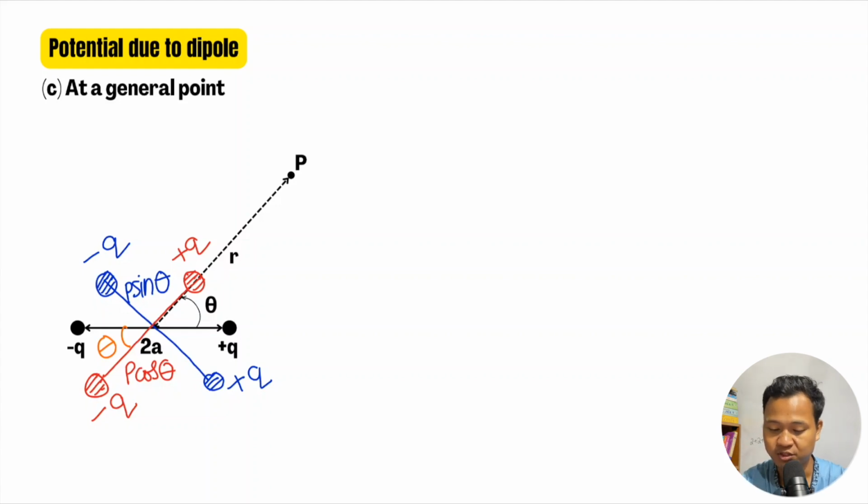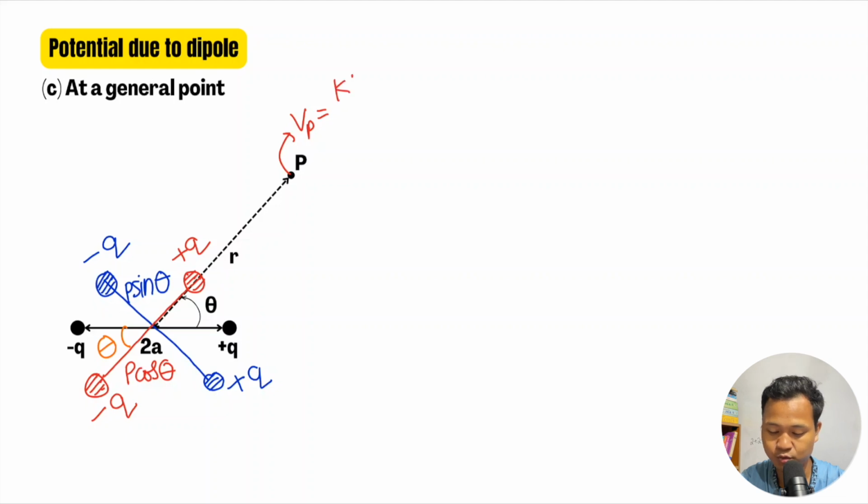As I said, due to the sine theta component, point P is an equatorial point. That means the potential will be 0. So V due to the sine theta component is 0, and due to the cos component, at P, it will be kp by r square.